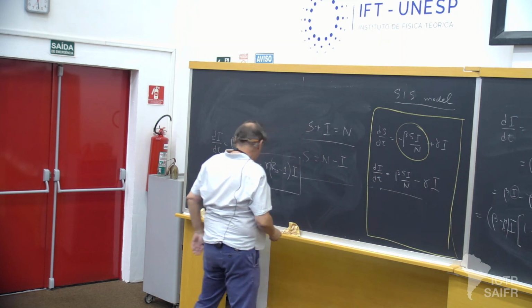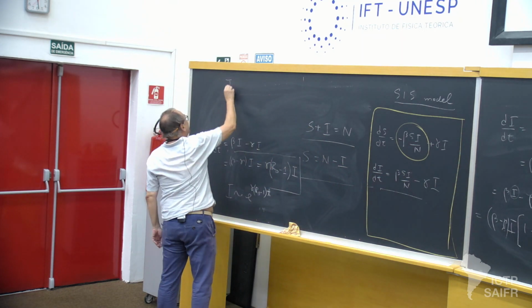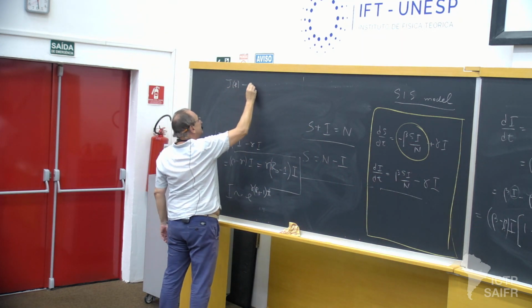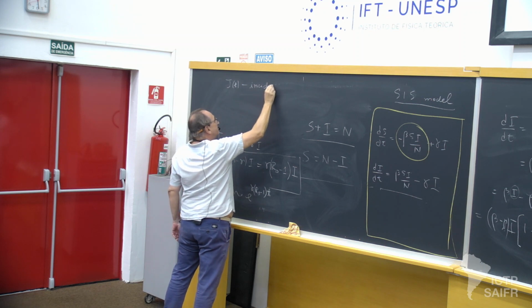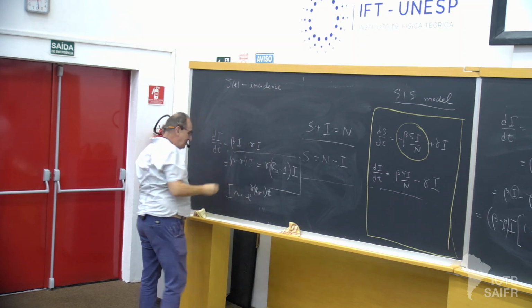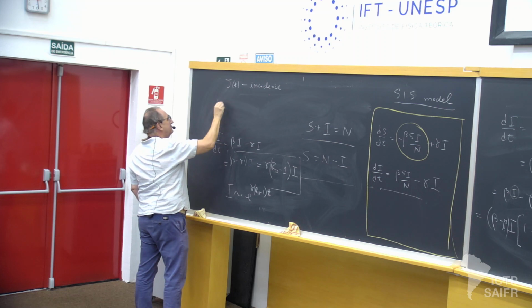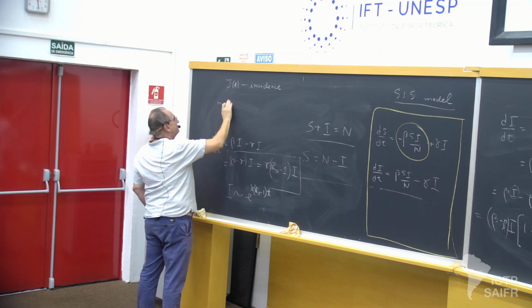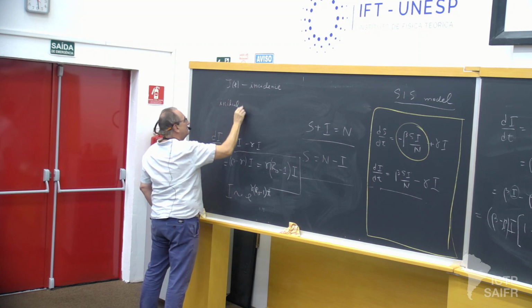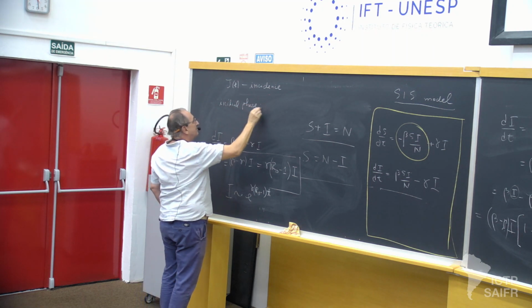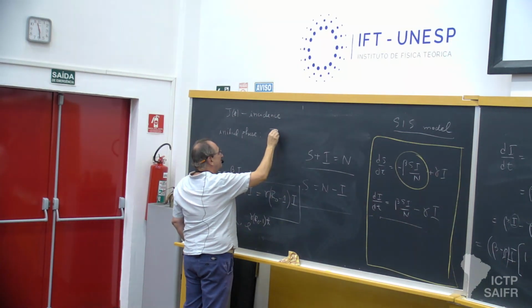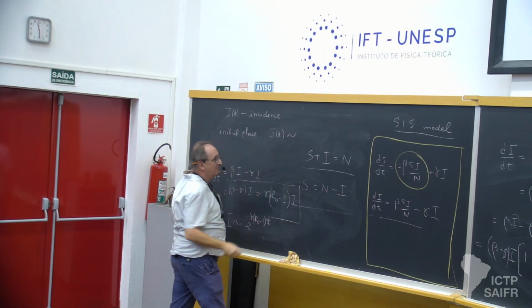So, if I call J of T the incidence, in the initial phase, J of T will be proportional to what?